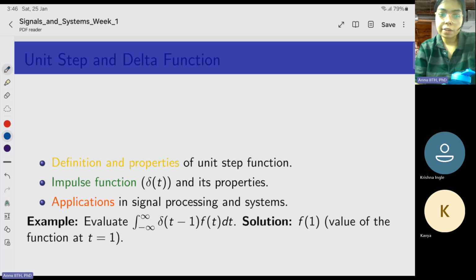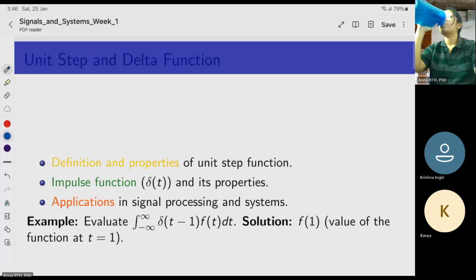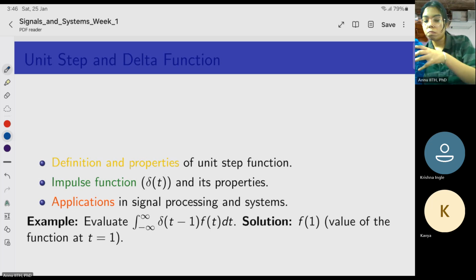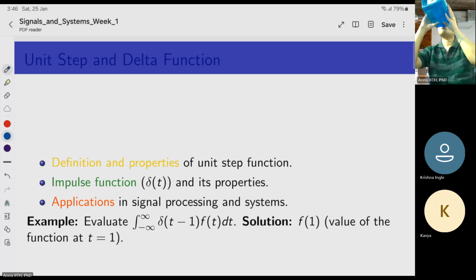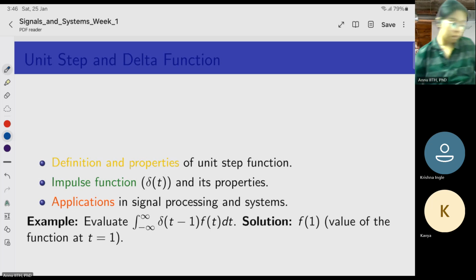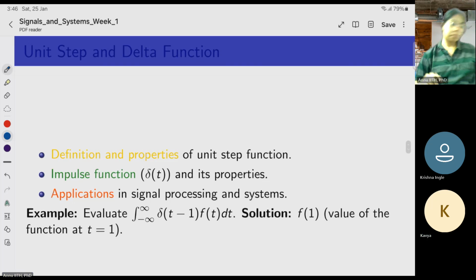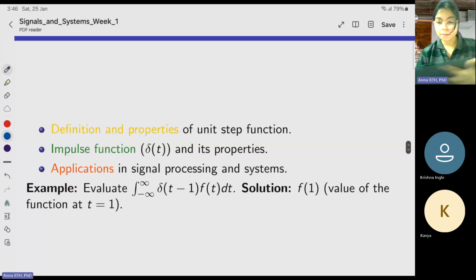In order to calculate for the unit step and the delta function, you should know the properties of a delta function. So I will tell you what the properties are. These have applications in signal processing.